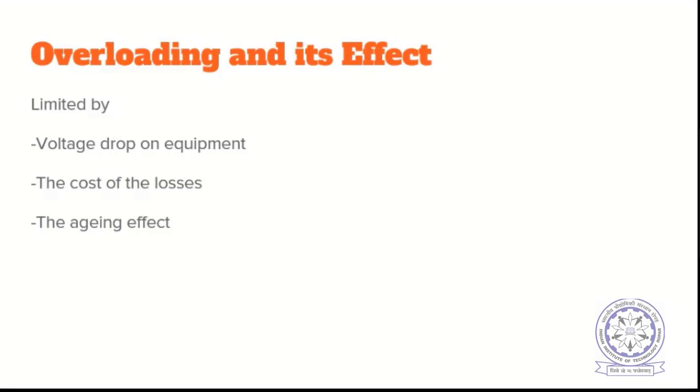Due to the temperature rise, the aging will be more, as we will see soon. So this is the third condition which will limit the overloading. Overloading is limited by these three factors.